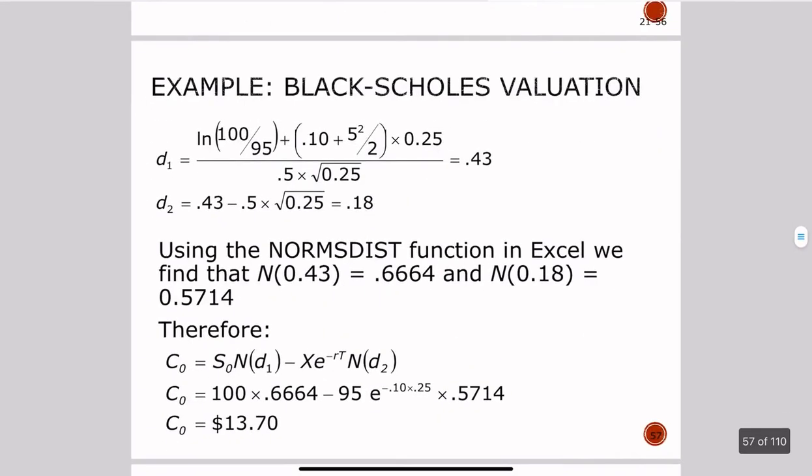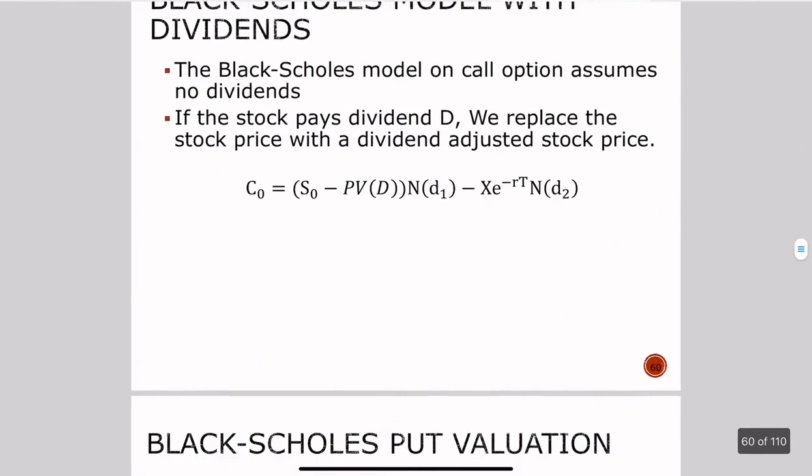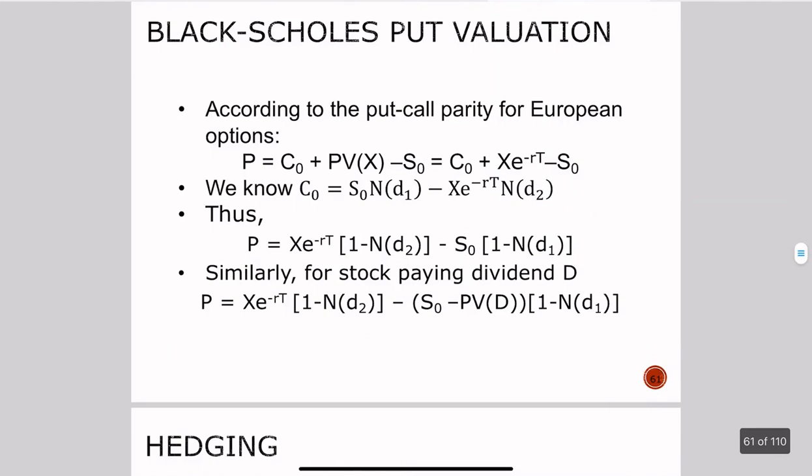A very related formula is the Black-Scholes model for put options. We derived this model for put options using put-call parity. And you can see that without dividend, this is the model for the value of a put. So the formula for delta of a put option is given by N(d1) minus 1.